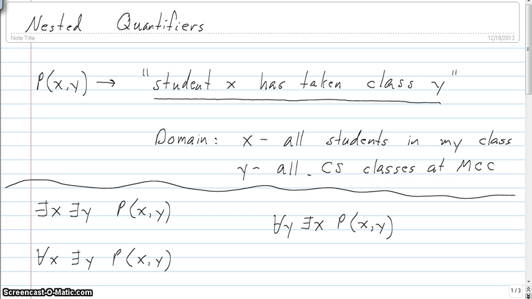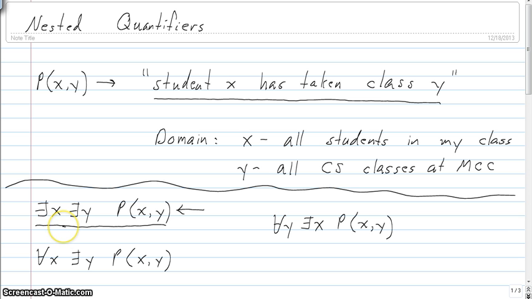And so we can look at different ways to quantify that statement with nested quantifiers. So maybe if we take a look at this first statement, we've got the existential quantifier on both X and Y. And so remember, the existential quantifier just means that we have to select one value from the domain.